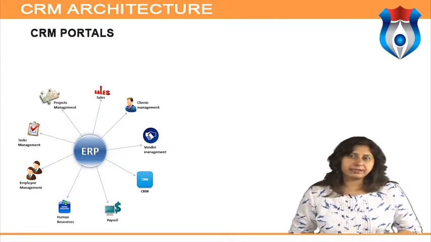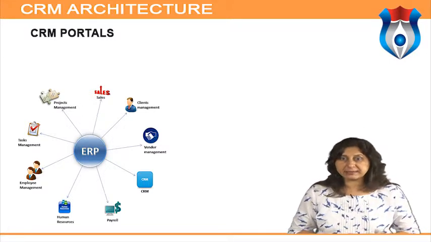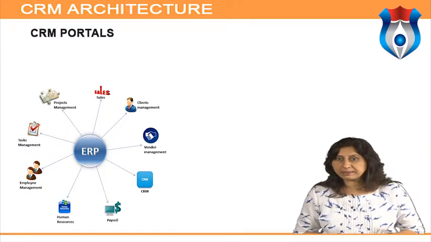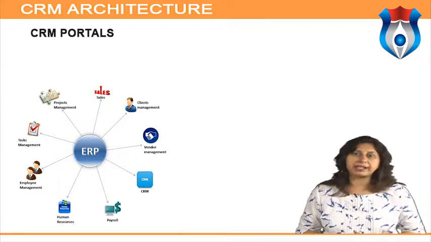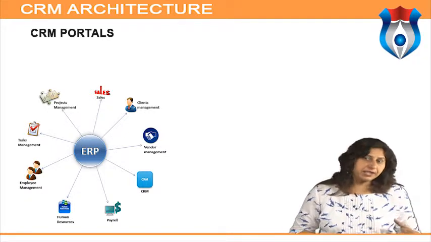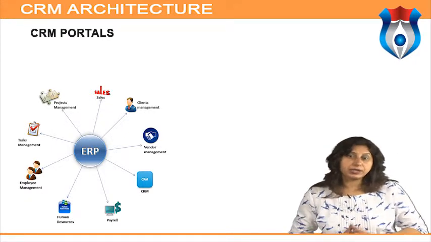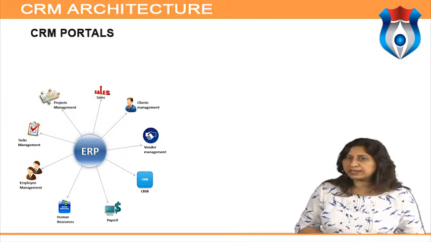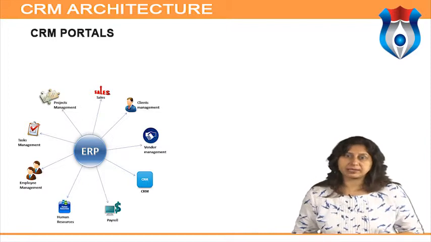It also pulls information from back office systems such as ERP, Enterprise Resource Planning systems, accounts payable, and inventory. The front and back office applications hold important information about customers, but it is often kept in their own databases.